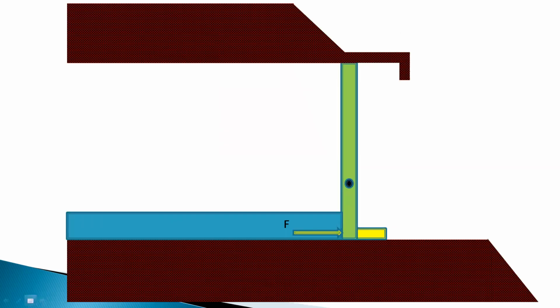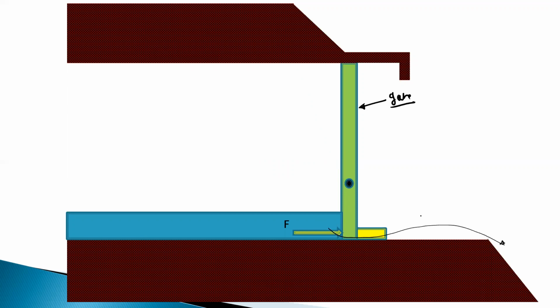Okay, so this is the automatic gate opening mechanism in the water dam. I have just represented this schematically. Here you can observe, this is the gate. When the water is at a low level, the gate must be in the closed condition, so it will not allow the flow of water to the downstream side.